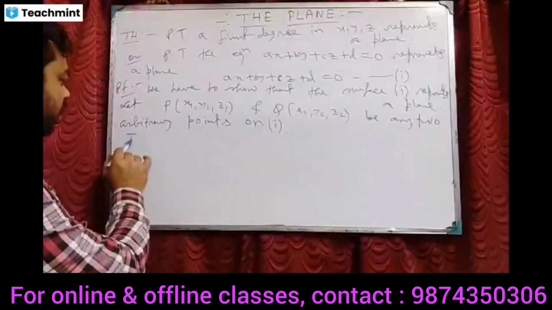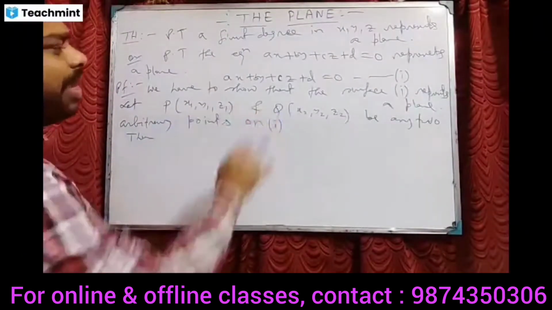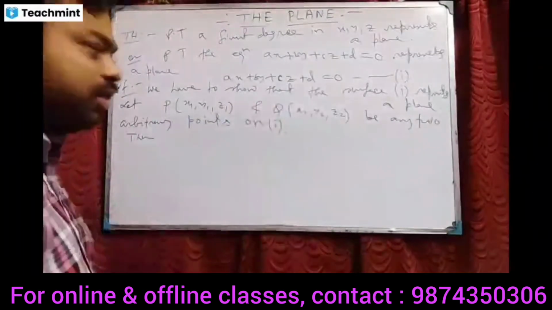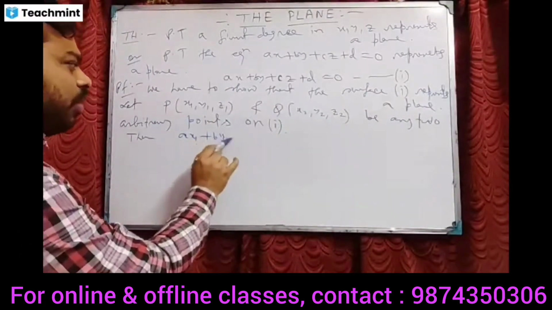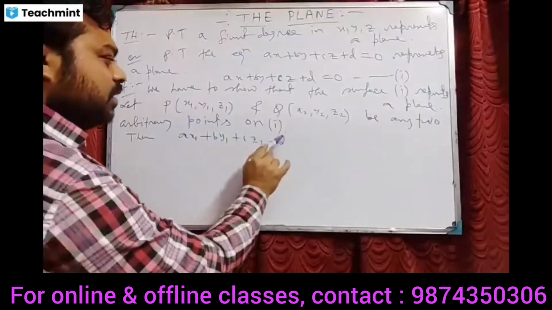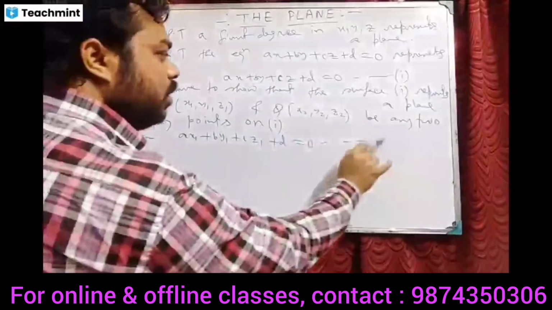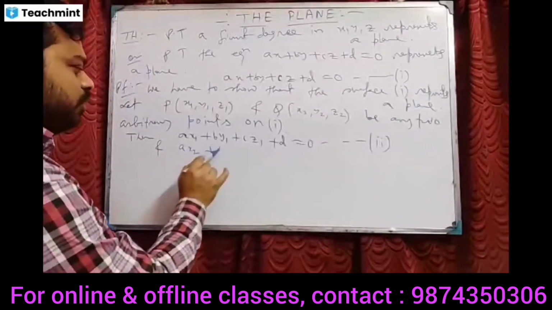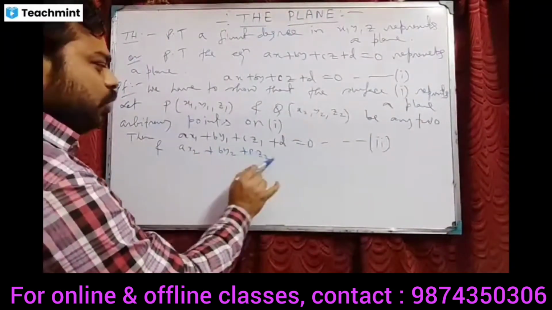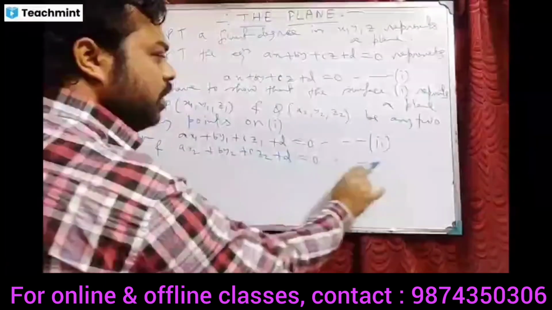Then the coordinates of P and Q must satisfy the equation 1. Then ax1 plus by1 plus cz1 plus d equals 0, number 2, and ax2 plus by2 plus cz2 plus d equals to 0, number 3.